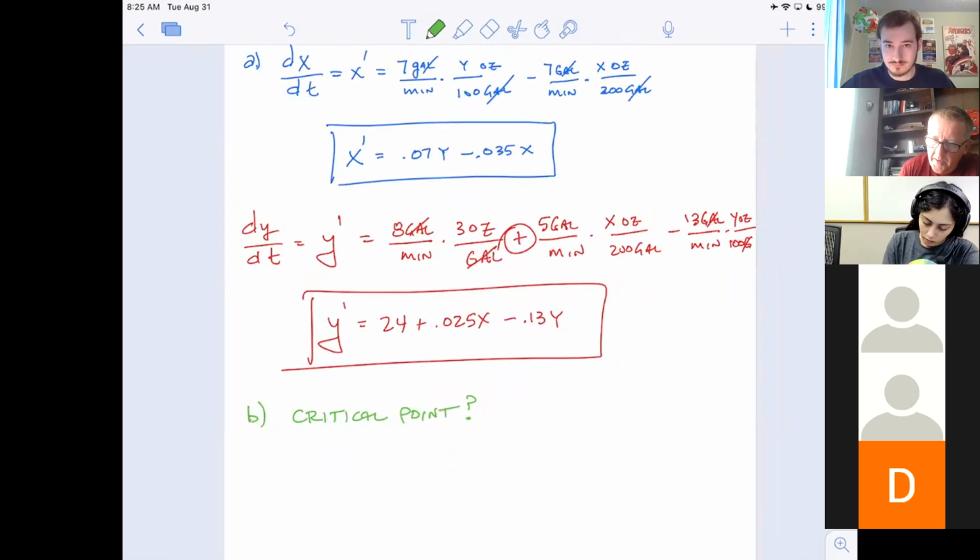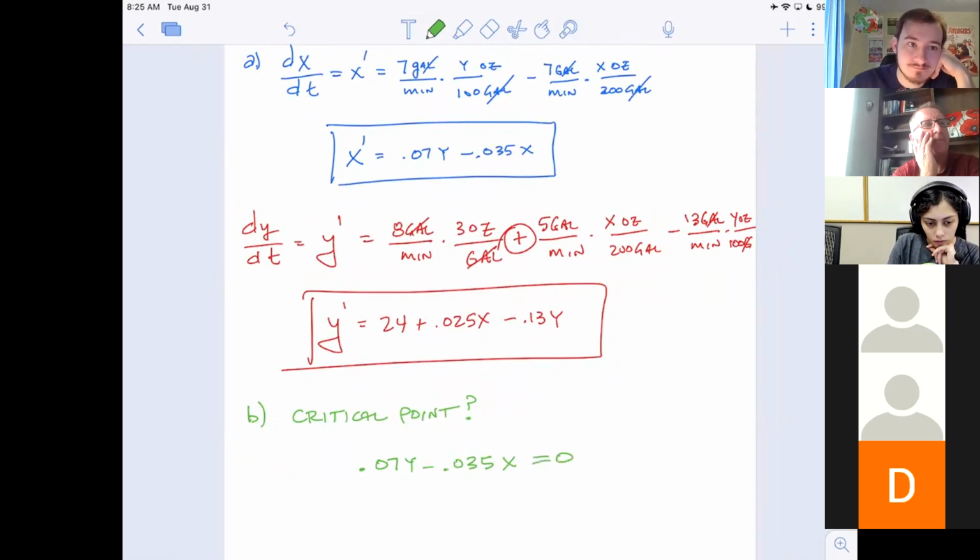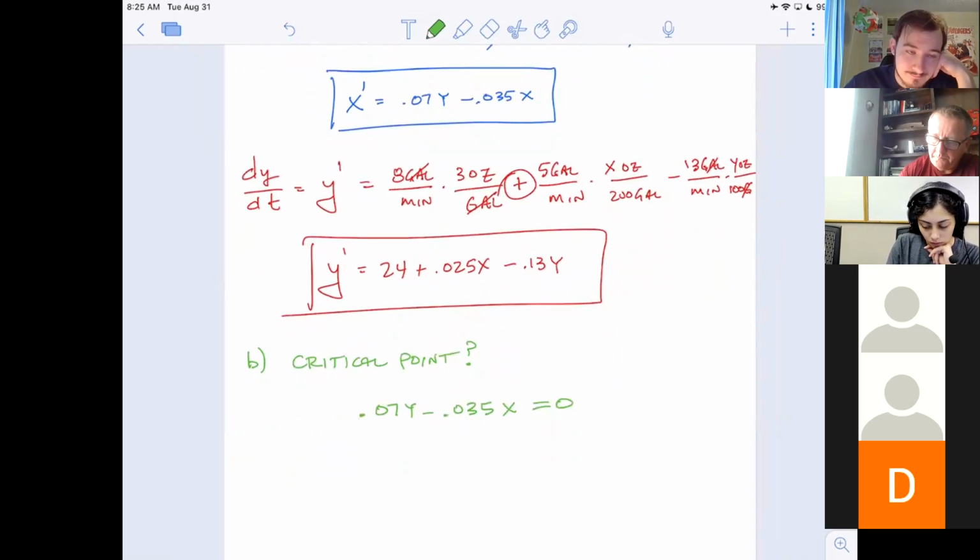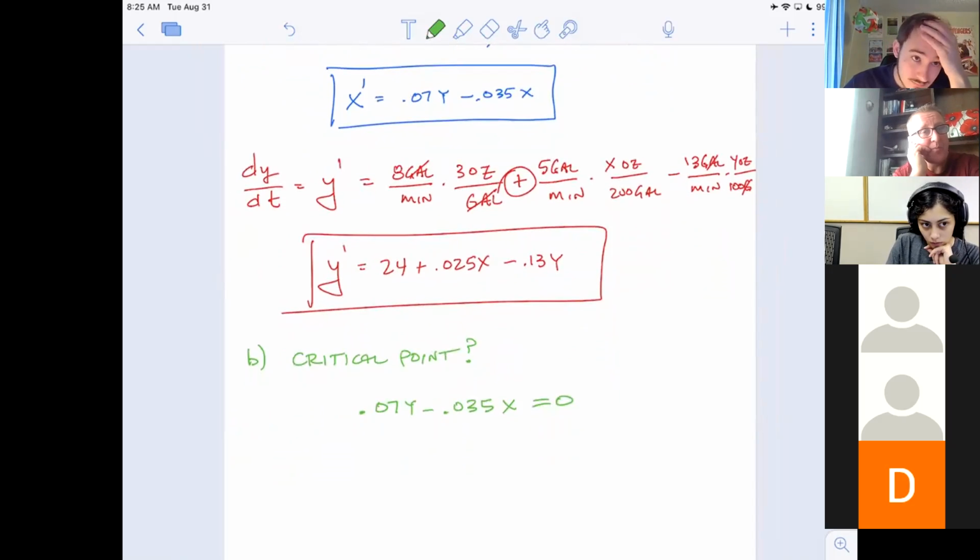And those are found when both are equal to 0. Again, when you stare at that problem right there, you should say there's thousands of X's and Y's that make that equal to 0.